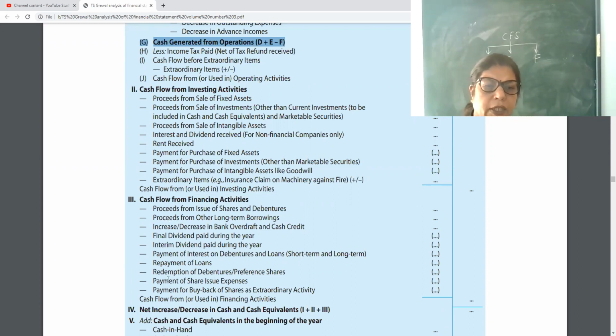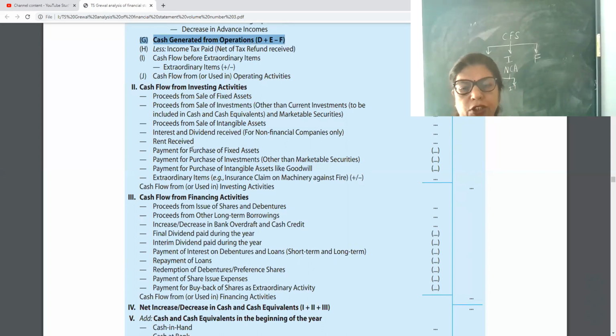So in investing activity, generally two things are there, sale and purchase of fixed asset, non-current asset. When you sell, cash will inflow. When you purchase, cash will outflow.